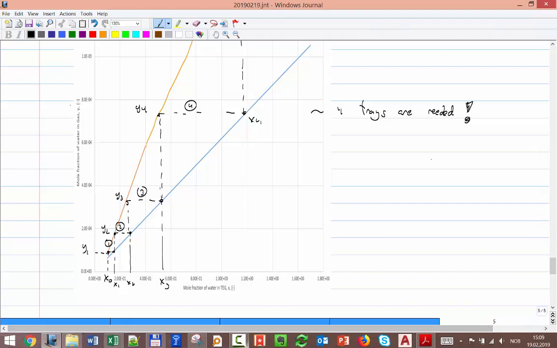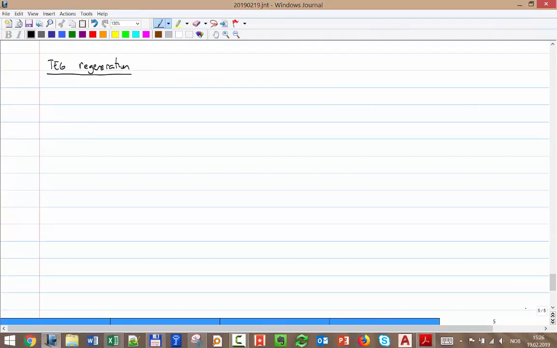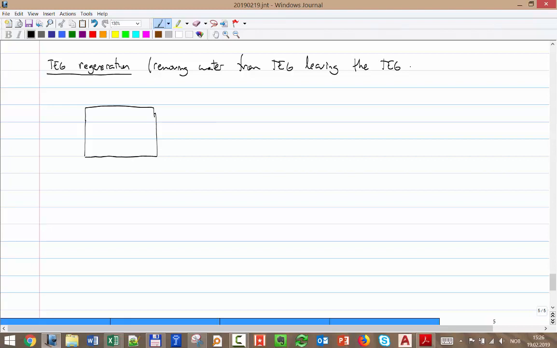25. Okay, let's go very quickly into the regeneration of the TEG. Regeneration means basically removing the water from the TEG, from the wet TEG leaving the dehydration column.